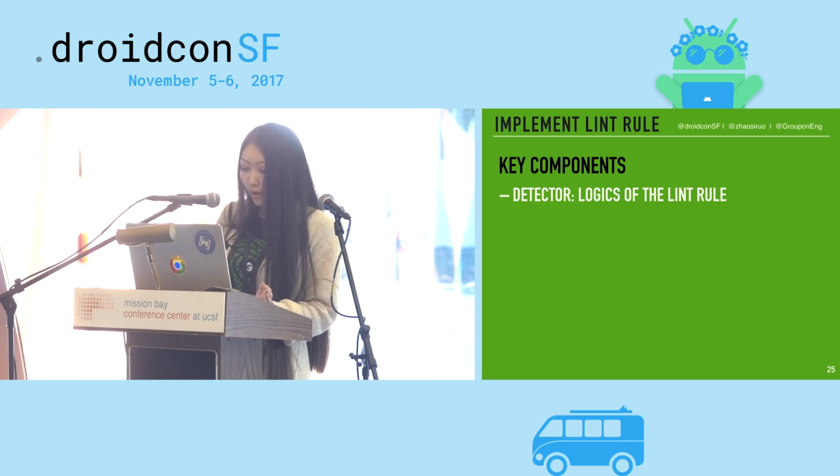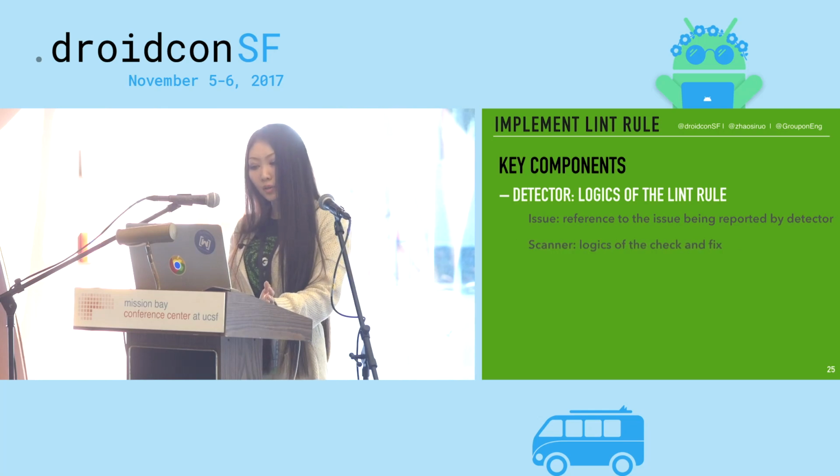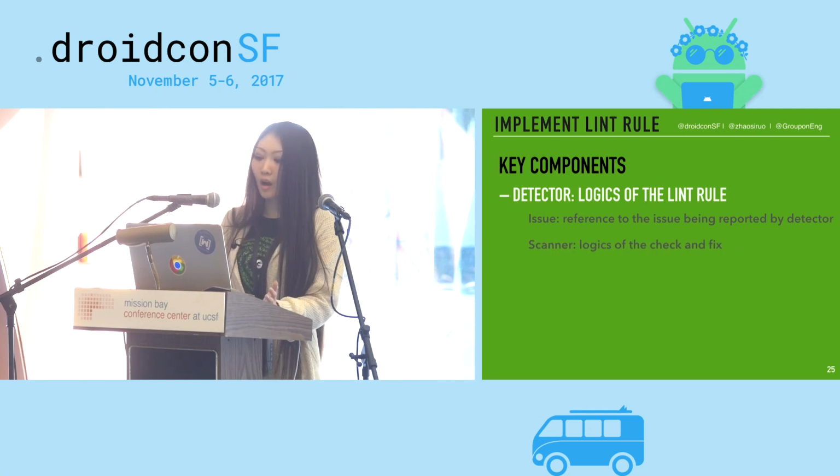An issue is a reference to the issue being reported by our detector. You'll see later in the code that it also sets up the properties of an issue. And the scanner is the heavy lifting part of the detector, where it specifies the logic on how to detect the rule and also the fixes to suggest.